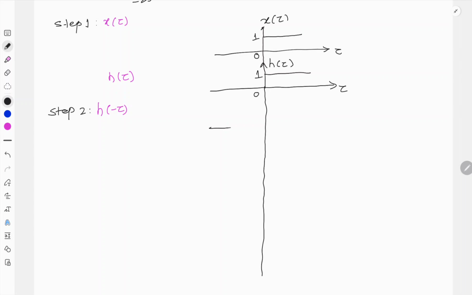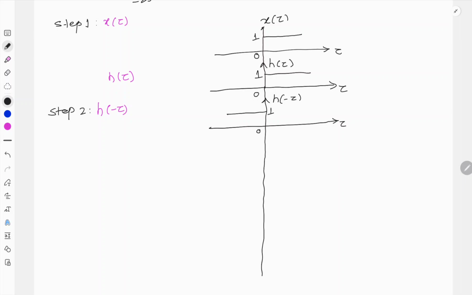The h of minus tau signal will be folded along the y-axis. Therefore, we get this h of minus tau signal in the negative axis. Amplitude is 1. This will be your h of minus tau signal.